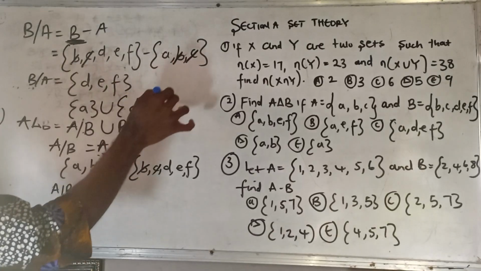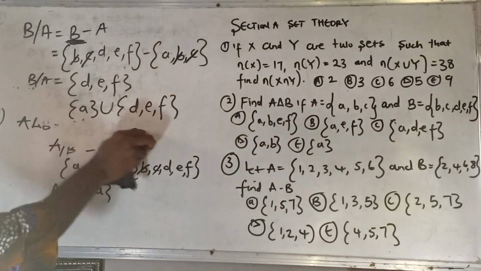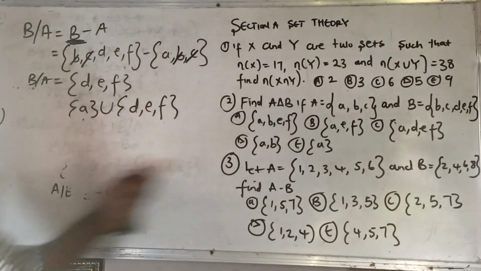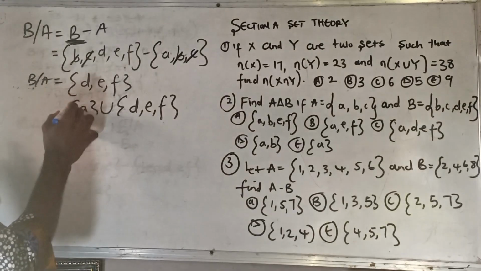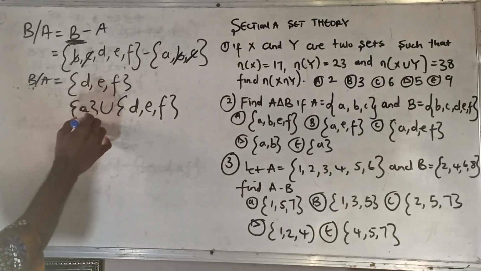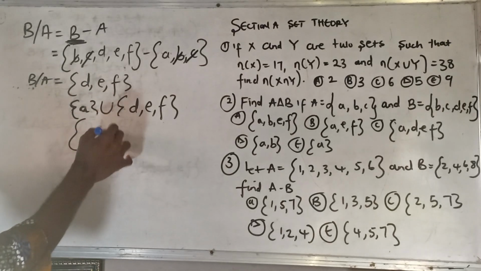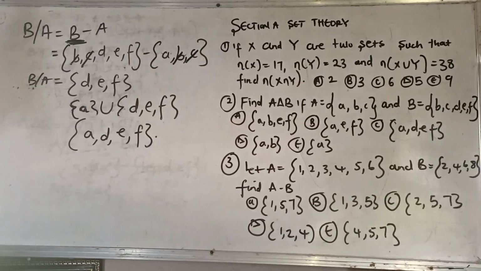D, E, F. Permit me to clean this because of the space. When we talk about union, it means join two things together. Let me join these two things together. So that is the union: A, D, E, F. That is the final answer. And our answer to question number 2 is this.